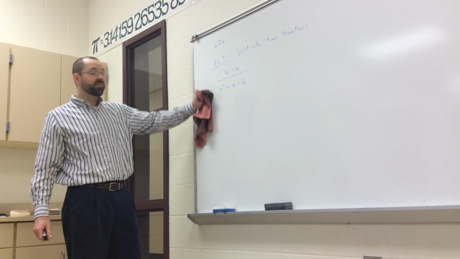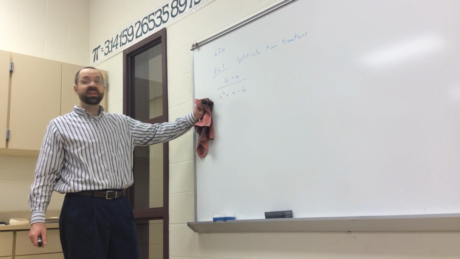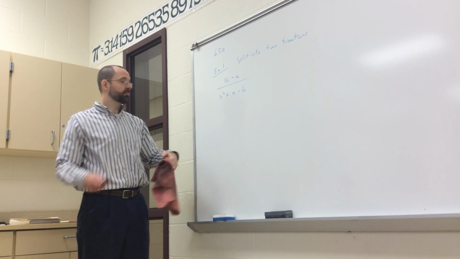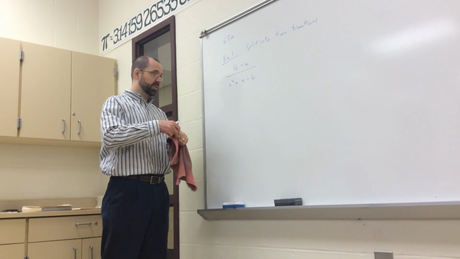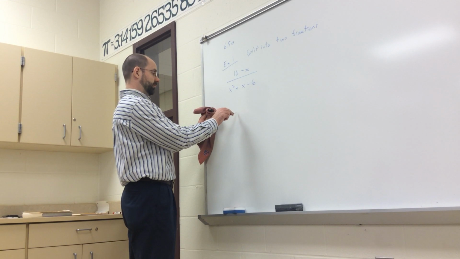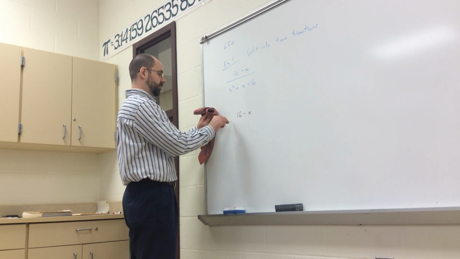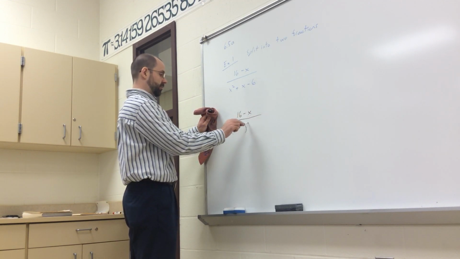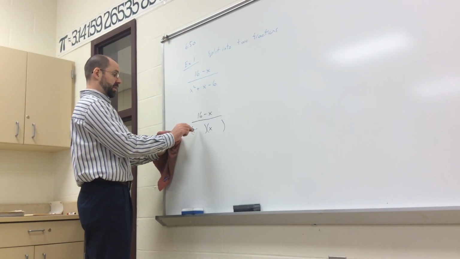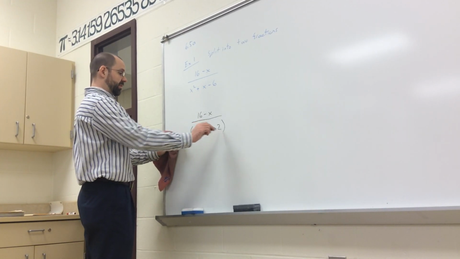So we've got to take this one fraction and split it into two fractions. So what we're going to do is factor the bottom first. So that'll factor into x plus 3 and x minus 2.